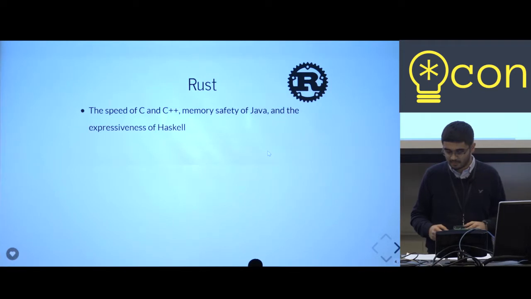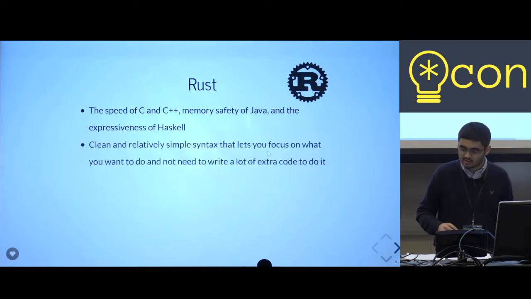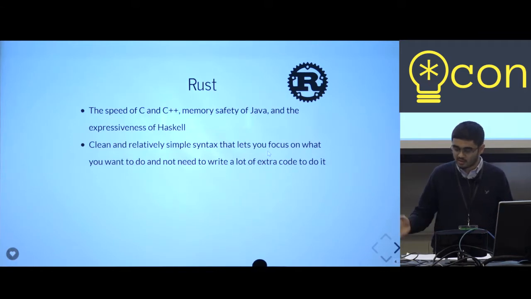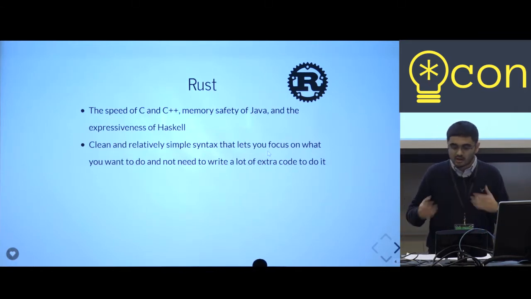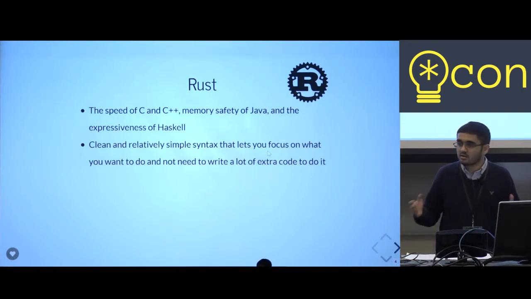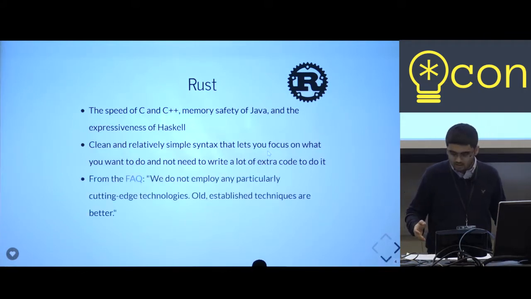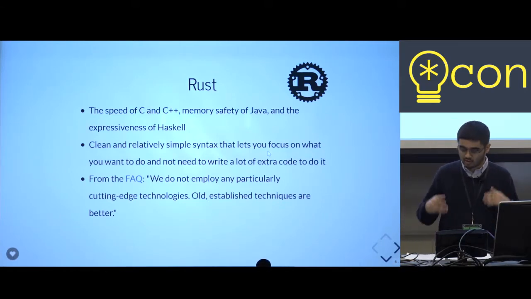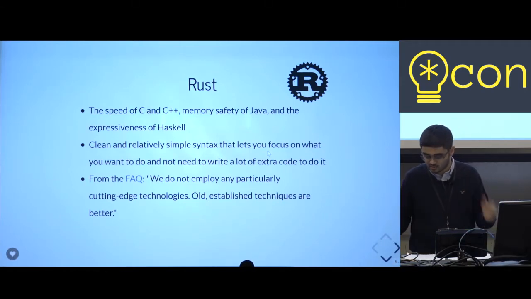Rust's syntax is clean and relatively simple in comparison to other languages with similar type systems. That means that, like Python, Rust code can often be easy to read and understand quickly. Rust even has a lot of familiar ideas from languages you might have used before, like Python, C, C++, or Java.